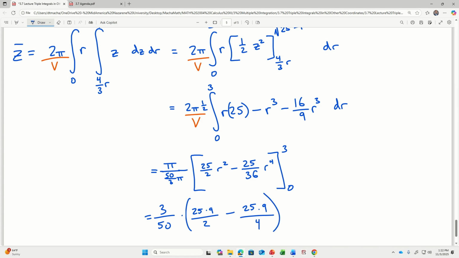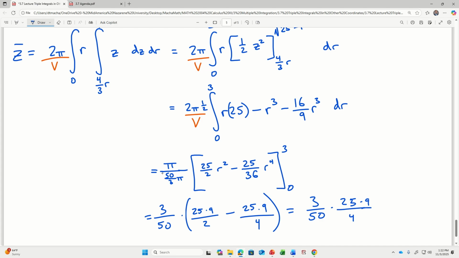Because I got 3 to the 4th power. 36 has a 9 factor in there somewhere. So I'm just imagining multiplying 25 by 9 and then 36 divided by 9 to get rid of the r to the 4th. So I'm going to be left with 25 times 9. 3 over 50 times 25 times 9 over 4 when I subtract.